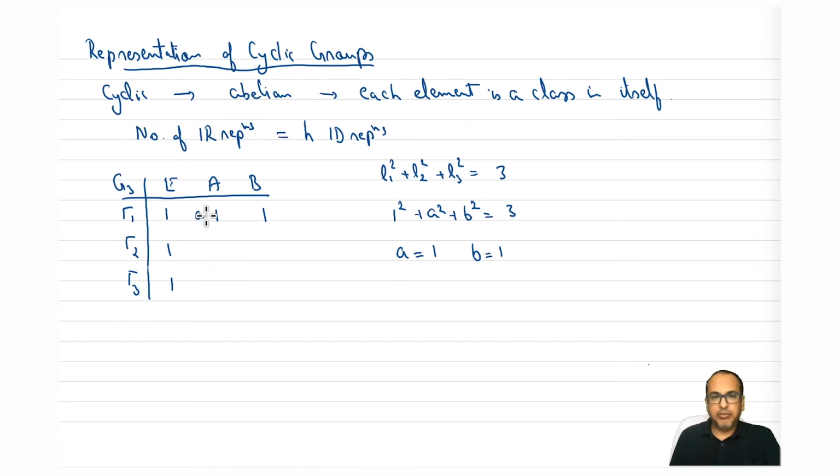Okay, so let's keep A equal to 1 and B equal to 1. Now let's say this is my CD and this is my EF. The other 2 possible solutions are A is equal to minus 1 or 1, and B is equal to 1 or minus 1.